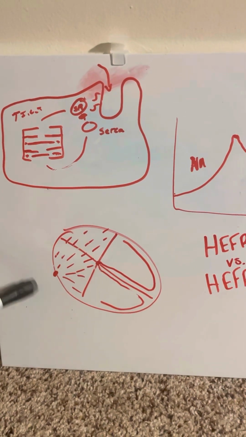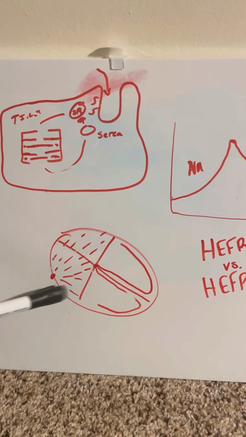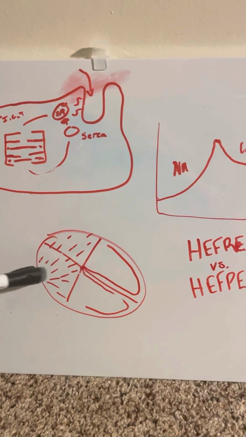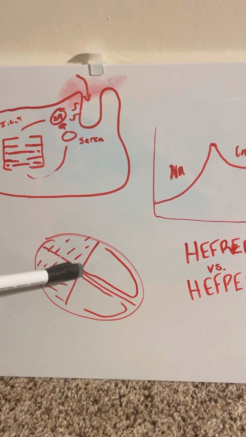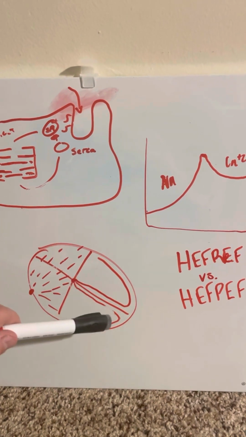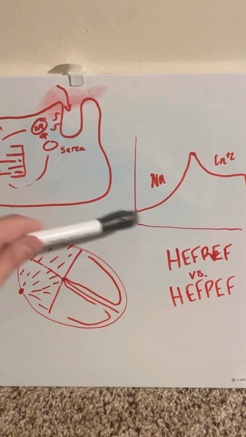So our SA node is going to tell the atriums, hey, we got 20% up here, we want it down here. Once that message is sent across, we finally hit the AV node. Once that contraction happens up here and that 20% is down here, now we want to get 100% out to the rest of the body.